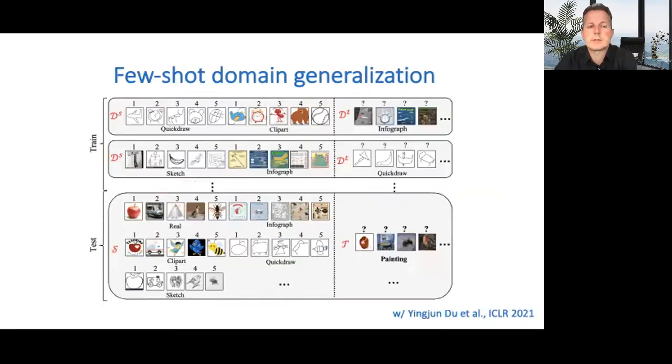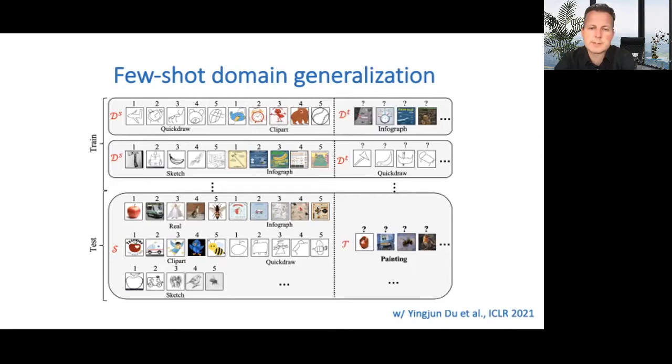Naturally, those ideas can be combined: meta-learning and domain generalization in a single approach. And this is work from my lab on few-shot domain generalization, where we looked into the process of batch normalization, as this plays a crucial role when training deep neural networks.